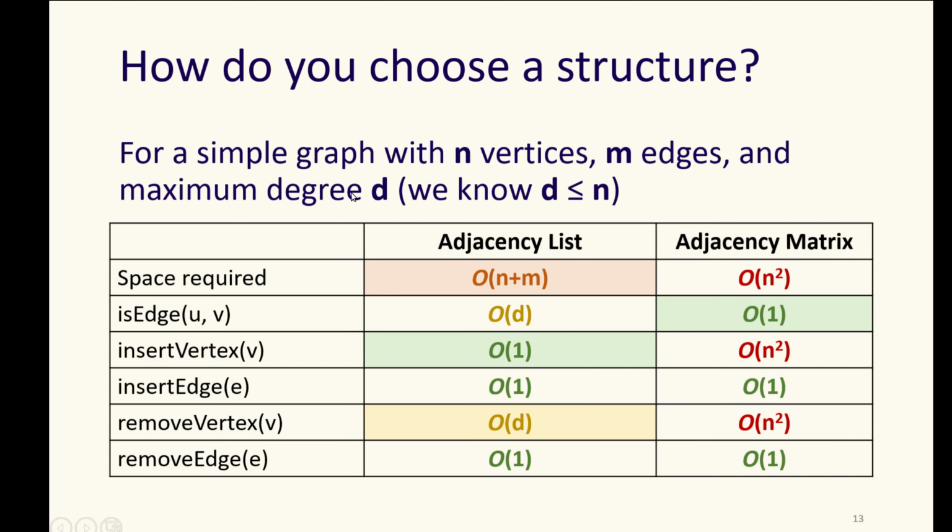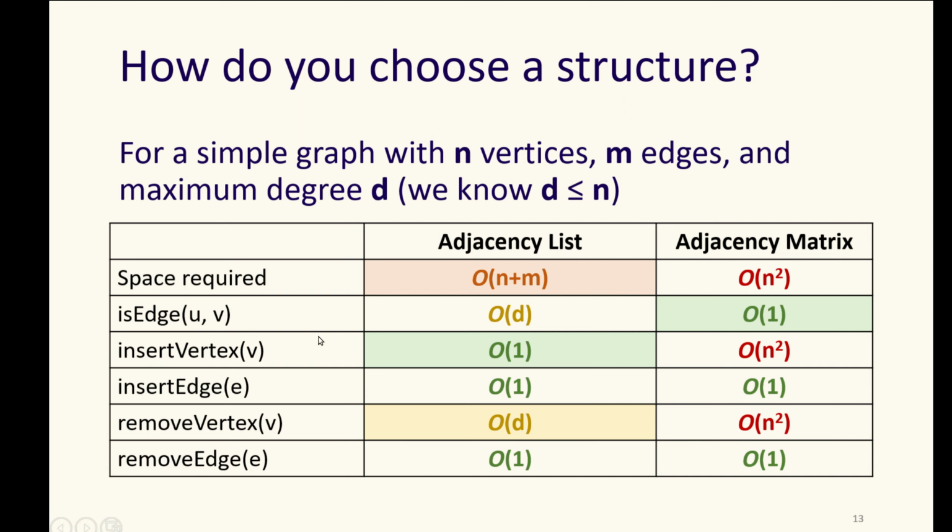If the maximum degree, meaning the most connected node, is the value d, and we know that d is less than or equal to n because that node can only be connected to up to n vertices, then checking if there's an edge between two things requires looking at the row for u, the starting point of that edge, and searching through its row that may be of length up to d, the maximum degree in our graph, and finding whether that vertex v is represented in its list there, versus an adjacency matrix where we just put the index for u and the index for v, and we get it in O of 1 time.